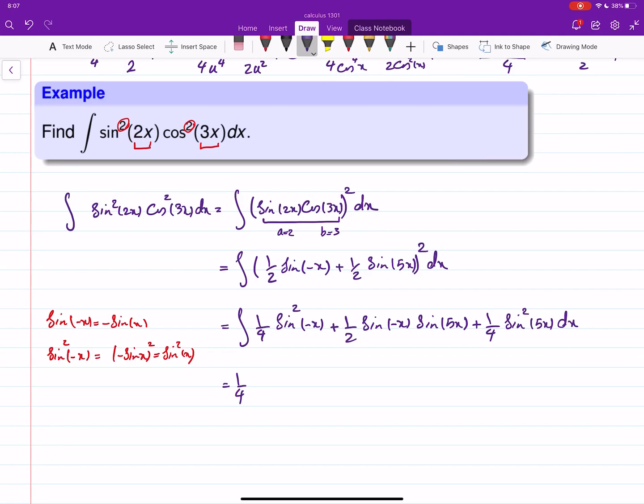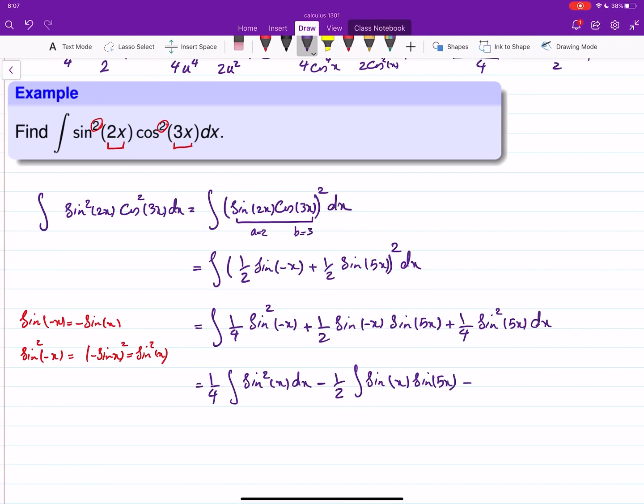So this will be 1/4 integral of sine squared x dx. The second one will be minus 1/2 integral of sine of x sine of 5x. The third one will be 1/4 integral of sine squared of 5x dx.